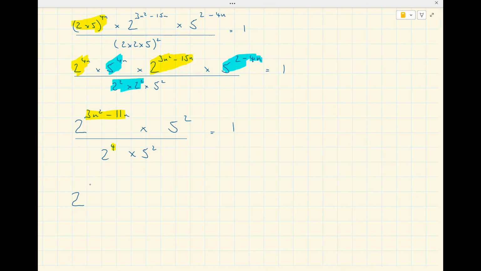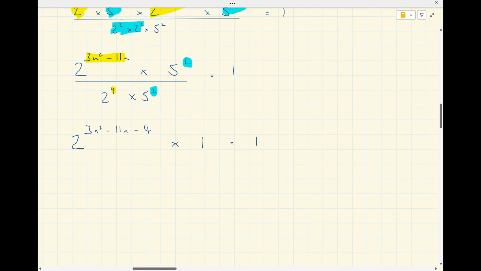So it's going to be 2 to the power of this minus that. 2 to the power of 3n squared minus 11n minus 4 times 5 to the power of that minus 5 to the power of that. 5 to the power of 2 divided by 5 to the power of 2 is just 1, isn't it? 5 to the power of 0 times 1 equals 1. Now that gives me 2 to the power of this equals 1. Well, 2 to the power of 0 is 1.